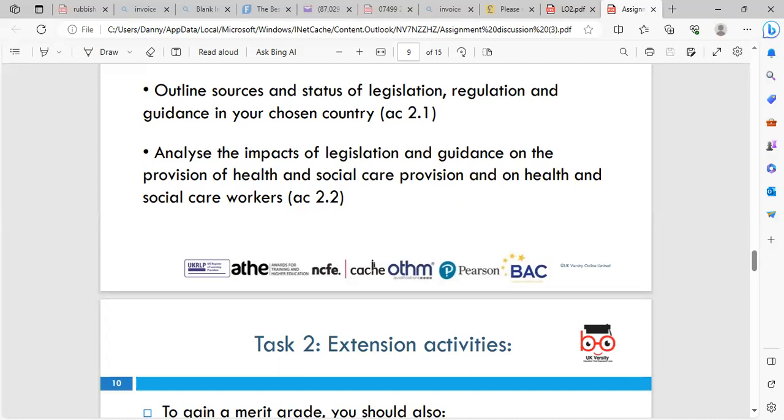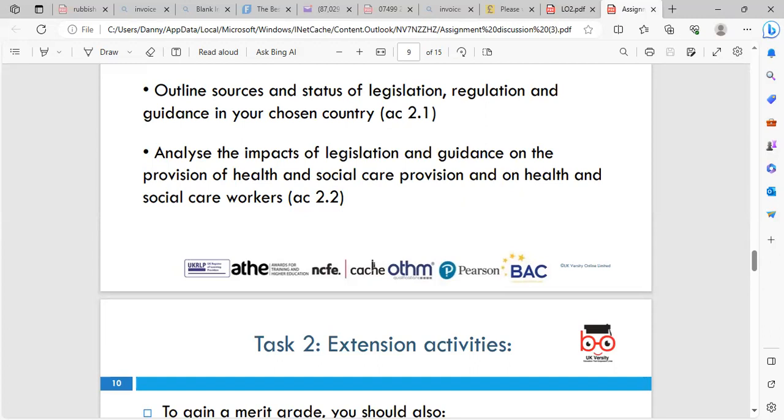So one is the legislation, one is regulation, and the other is guidance. I was just educating Adeyemi that the NHS is not a legal framework. It's not a legislation.